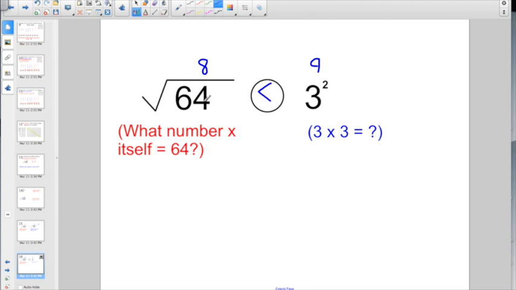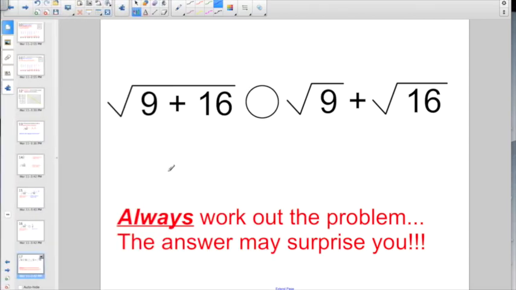A lot of times kids will just see a way bigger number on the left-hand side and automatically think they don't have to work it out. But it turns out 3 squared is greater than the square root of 64. Always work out the problem because the answer may surprise you.